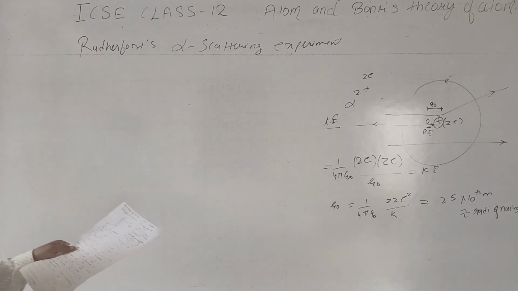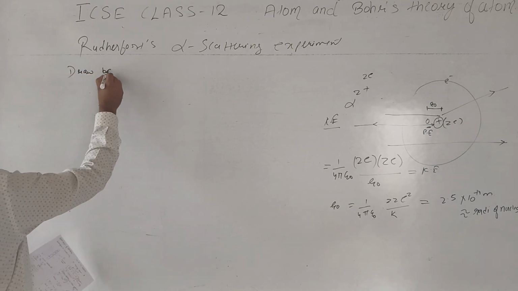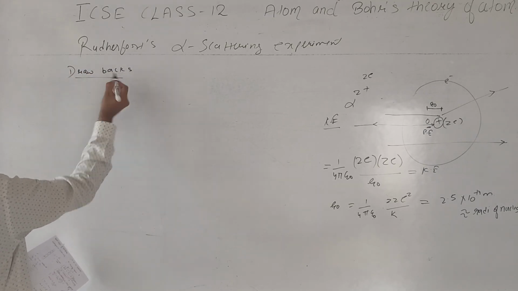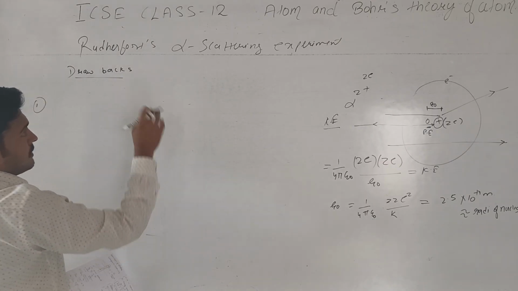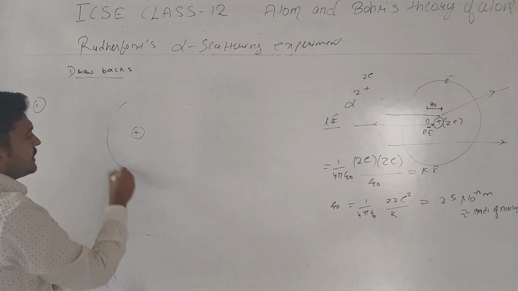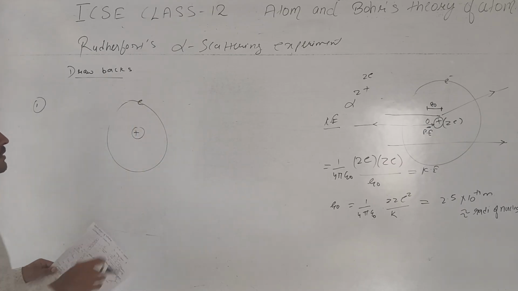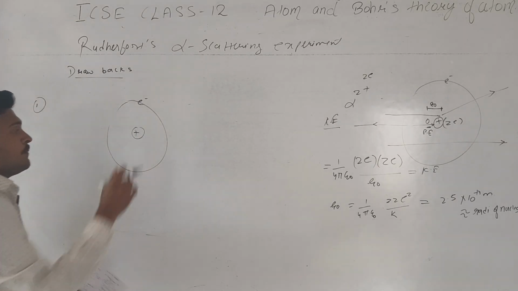So first, the drawbacks of the Rutherford model. The very first drawback: Rutherford's model suggested that there is a nucleus in the center and the electron is revolving around the nucleus.